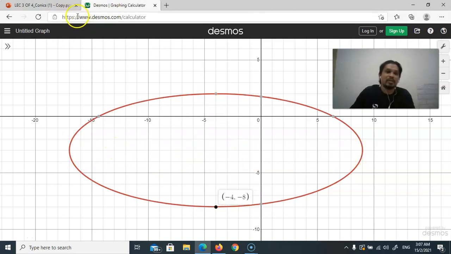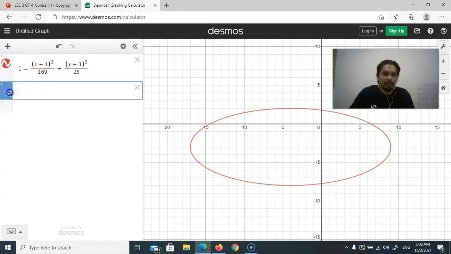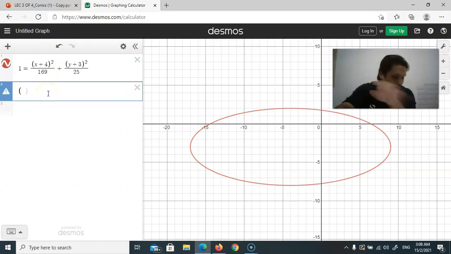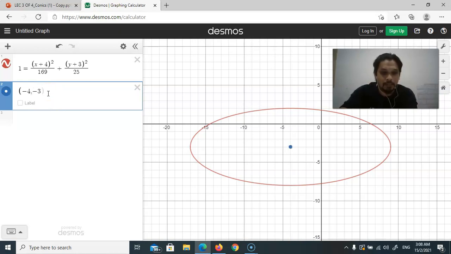So you may test by yourself. Never mind, I show you one by one. At the coordinate of negative 4 and negative 3, there you go, the point here.